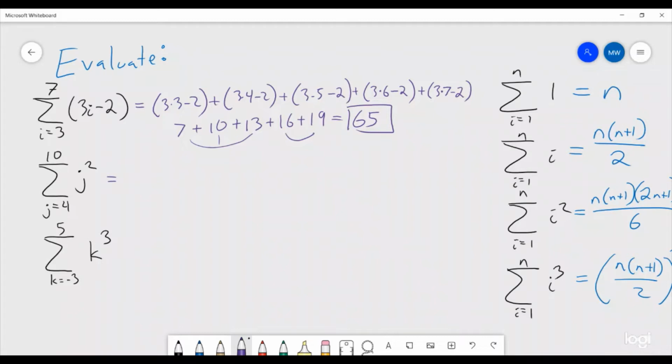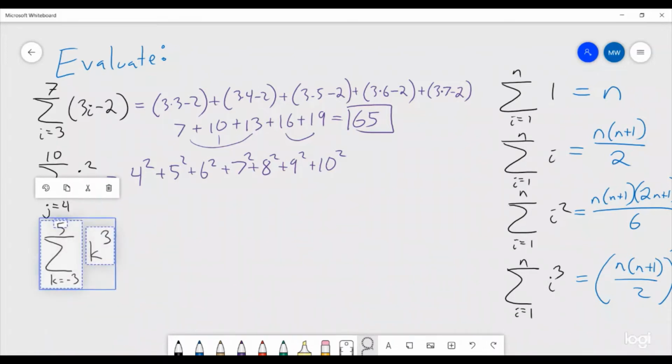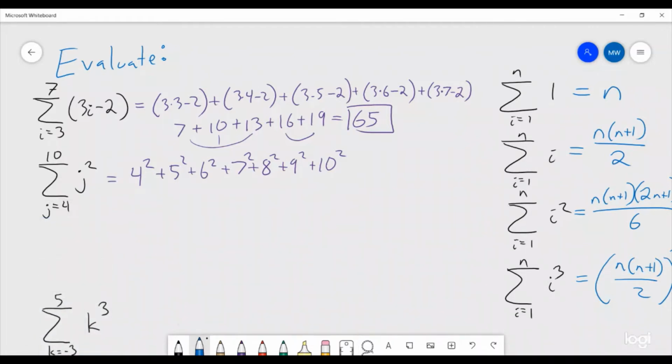Sum from j equals 4 to 10 of j squared. That's 4 squared plus 5 squared plus 6 squared plus 7 squared plus 8 squared plus 9 squared plus 10 squared. We could add all of these up, or we could do the following. We could recognize that this is also equal to the sum from j equals 1 to 10 of j squared minus the sum j equals 1 to 3 of j squared.